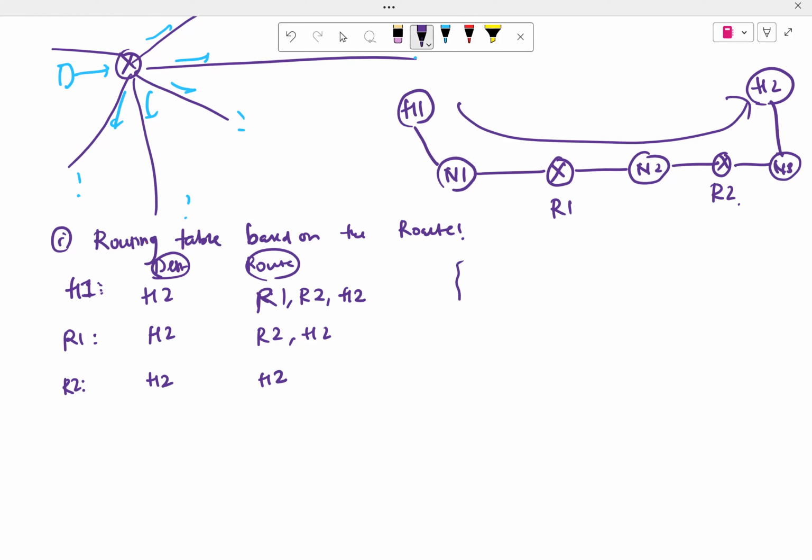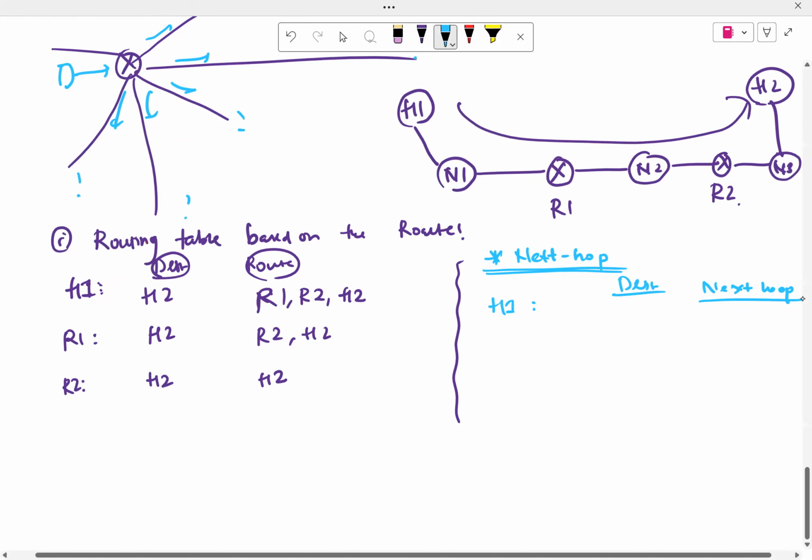But if you consider a routing table based on next stop, at host one there is destination and next stop.